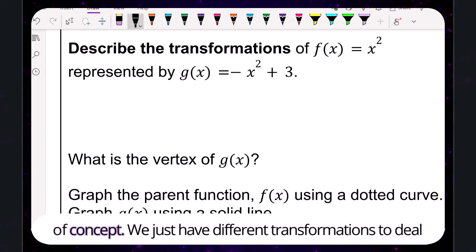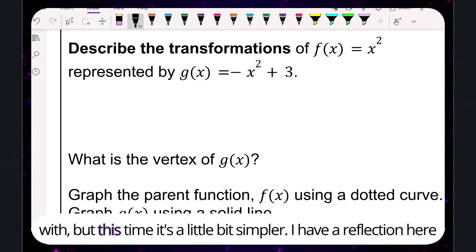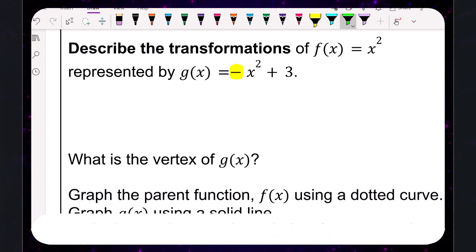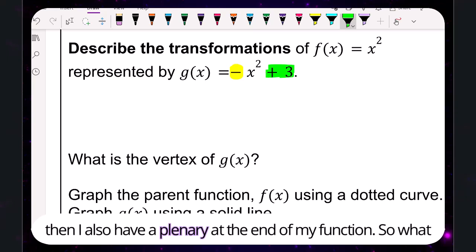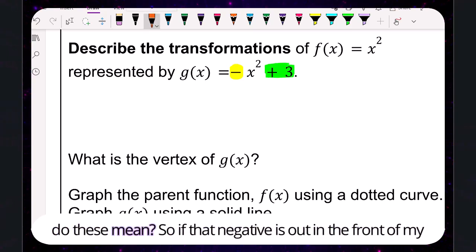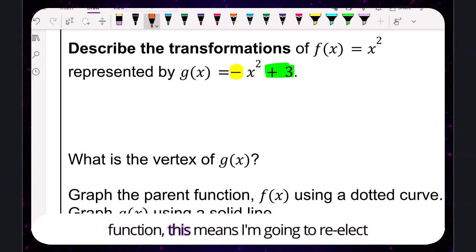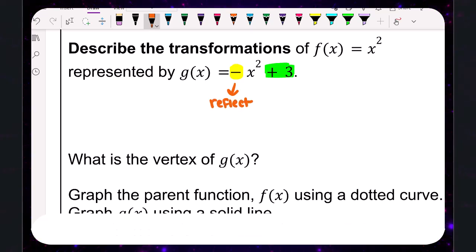That's it. So this is the last example of graphing in our notes. Same kind of concept, we just have different transformations to deal with, but this time it's a little bit simpler. I have a reflection here, and then I also have a plus 3 at the end of my function. So what do these mean? If that negative is out in the front of my function, this means I'm going to reflect over the x-axis.